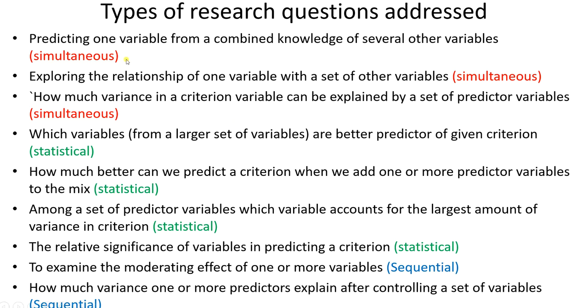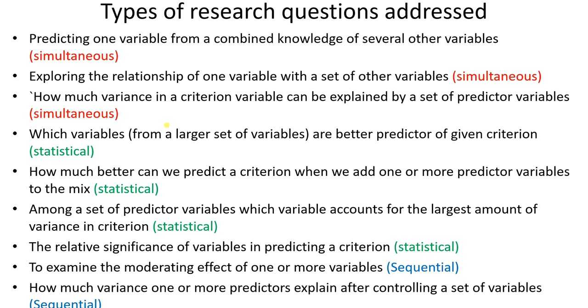All these three questions are related with each other. These are different facets of the same question. And in all these three situations, we will go for simultaneous, because we are interested in knowing the joint contribution, joint correlation, or joint prediction made by all the predictors.